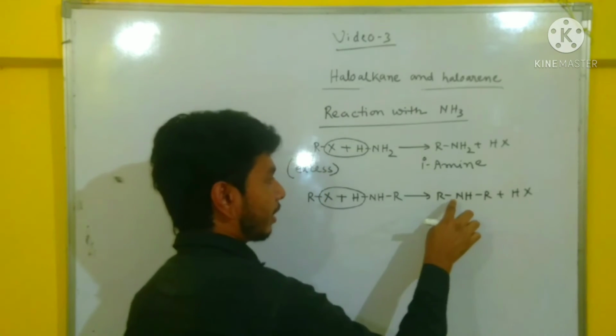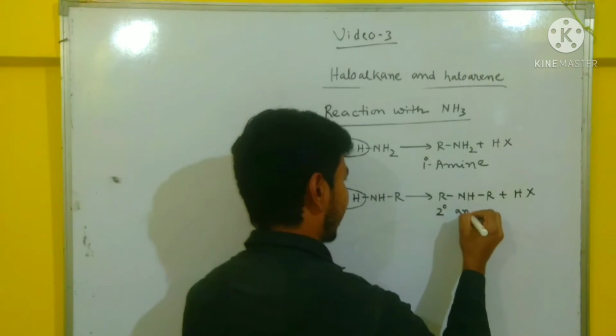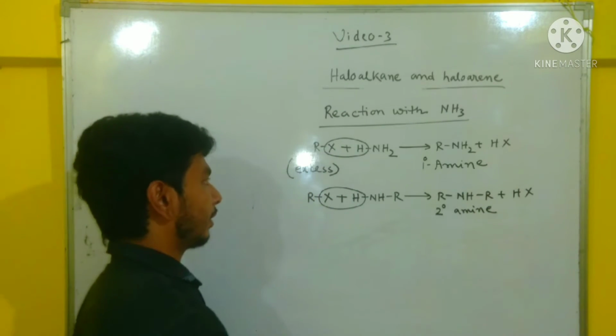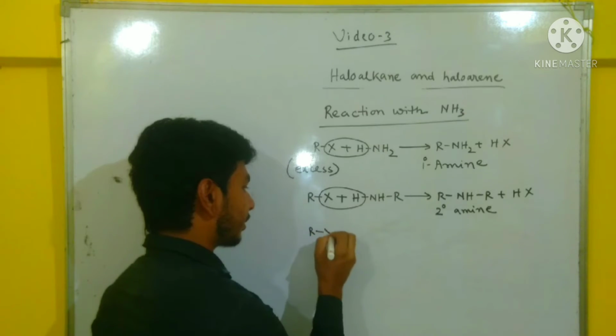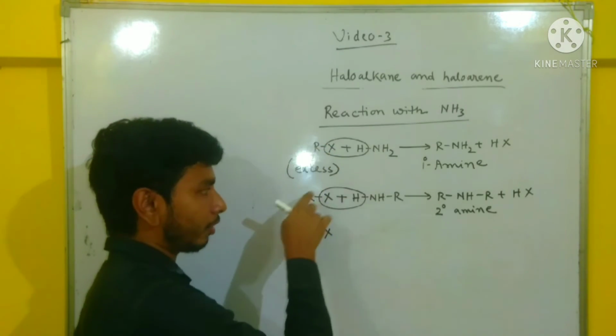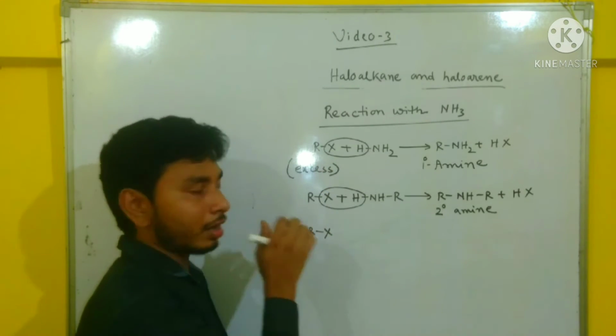Here nitrogen is bonded with 2 alkyl groups, so it is a 2 degree amine. Now again RX is in excess amount, so the unreacted alkyl halide will react again in the third step.